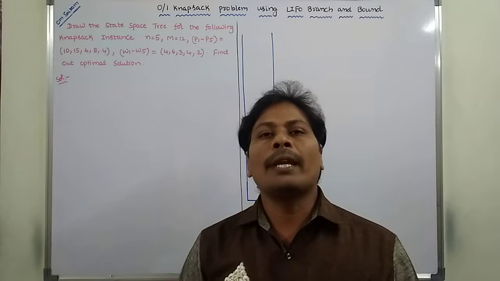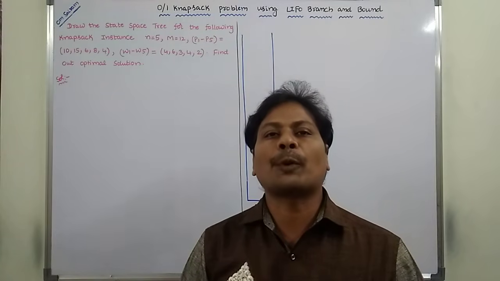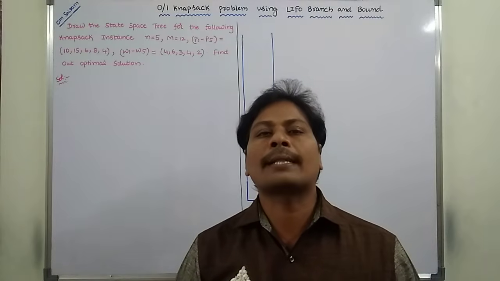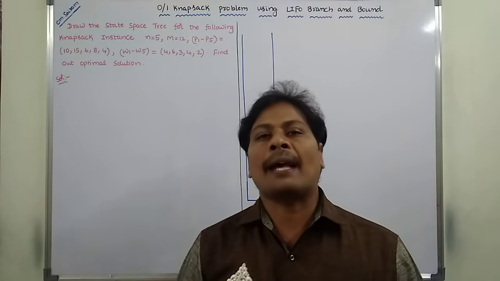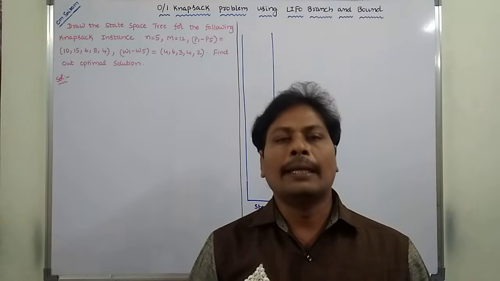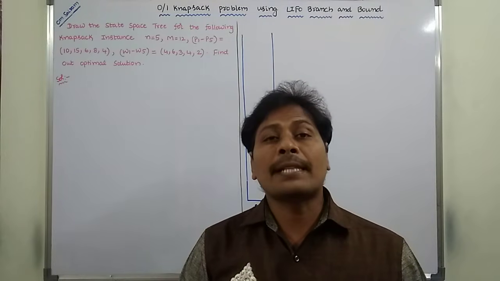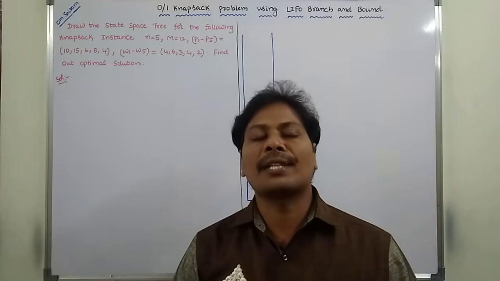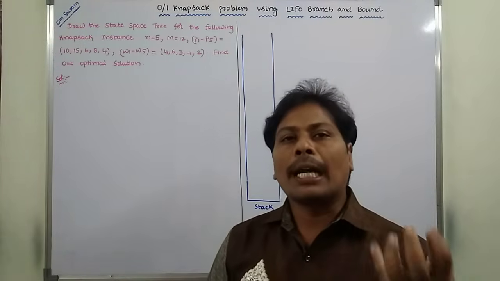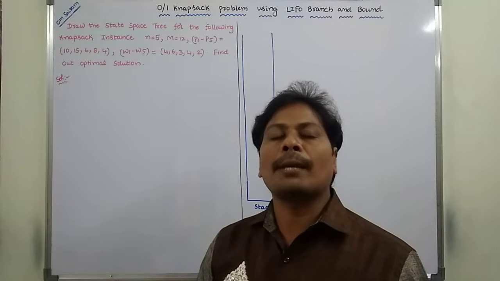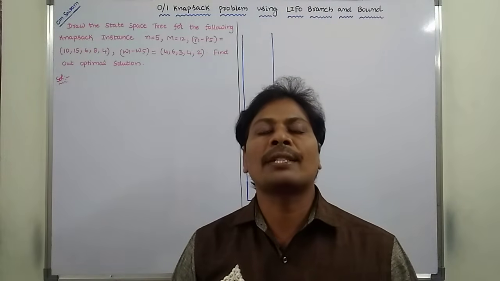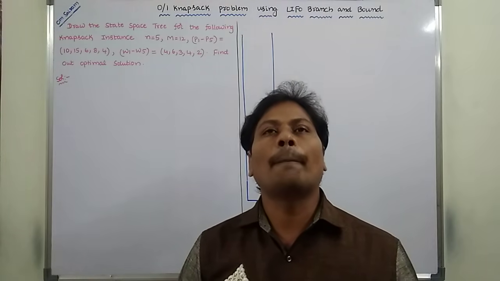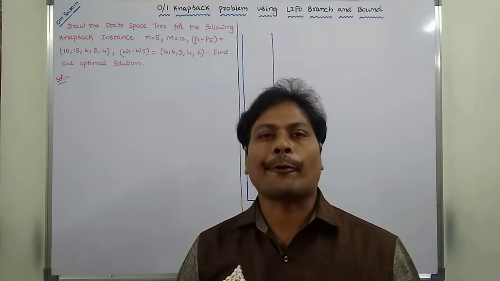That means we are getting the maximum profit by placing the maximum profitable objects by considering the capacity of the knapsack. But the knapsack problem in branch and bound is a minimization problem. To convert this maximization problem into a minimization problem, we have to put a negative sign before each and every profit.